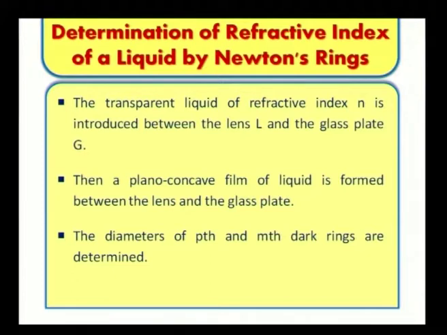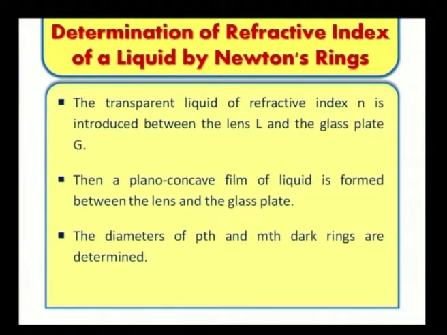Again, I need not repeat the same thing. A transparent liquid of refractive index n is introduced between the lens L and the glass plate. This is what I told you just now: the medium, air, is replaced by water, and the lens is placed over the glass plate. The important point is that you have water as the medium between the lens and the glass plate.